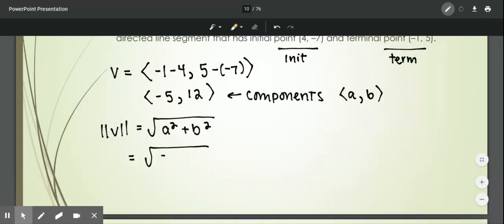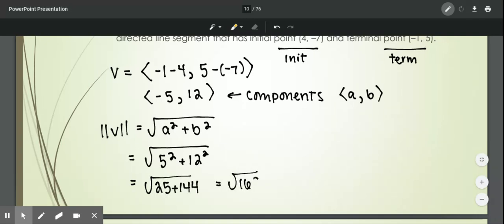Whenever I have a negative, I don't carry it into this part, because when you square it, it's just going to be positive. So if you're typing it in and you forget to put parentheses around it when you square it, your numbers end up being off. So we get the square root of 25 plus 144, which is the square root of 169, or 13.